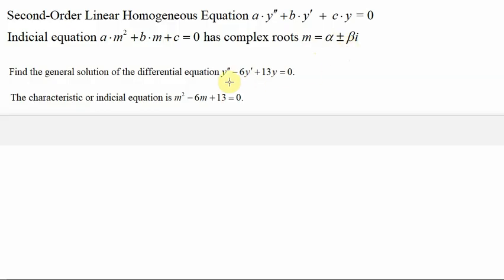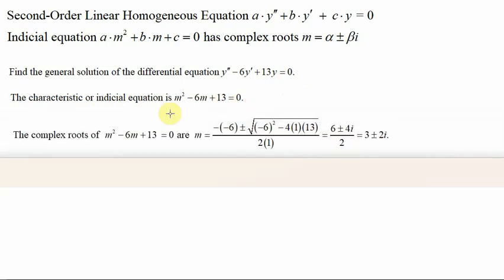As an example, here we have the second order linear homogeneous equation y double prime minus 6y prime plus 13y equal to 0. The characteristic or indicial equation is m squared minus 6m plus 13 equal to 0.